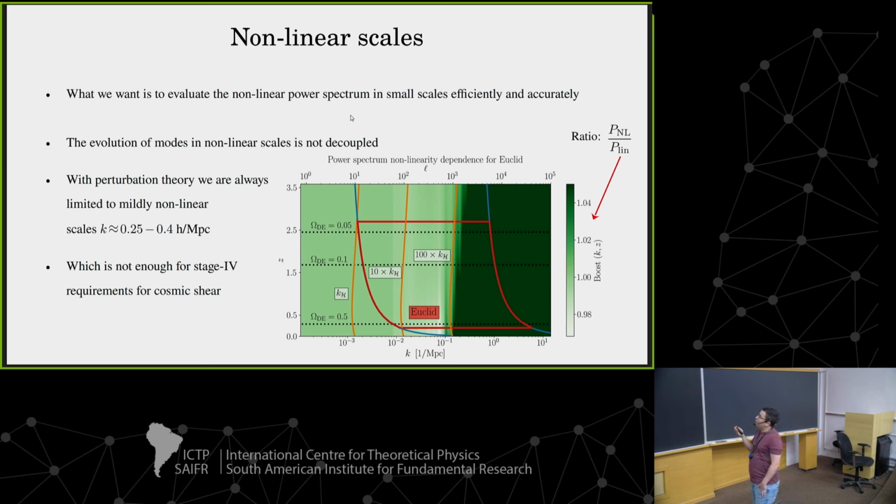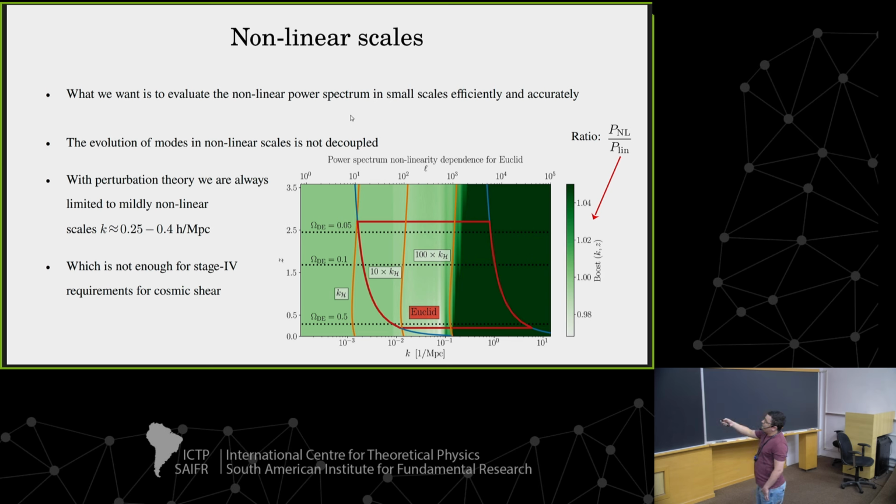These red lines here are what the Euclid satellite hopes to deliver in terms of cosmic shear. The scale cuts in the Euclid survey are performed in harmonic space already. This is the optimistic prescription that they use: the minimum multipole is going to be 10, and the maximum one is going to be 5,000.